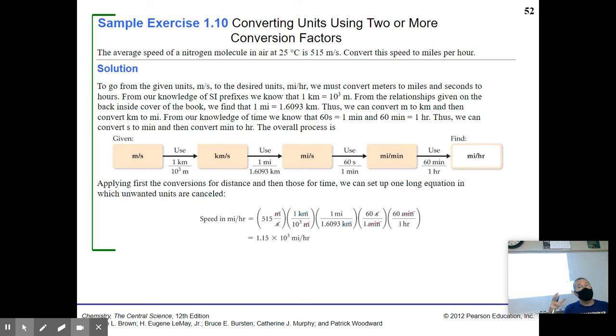Always use parentheses in these things, because when you start getting into situations like the 1 kilometer over 10 to the third, the parentheses kind of change up the processes of the calculator. So by using the parentheses, you're going to actually make the calculator calculate it correctly. It's interesting how it works, but it does.